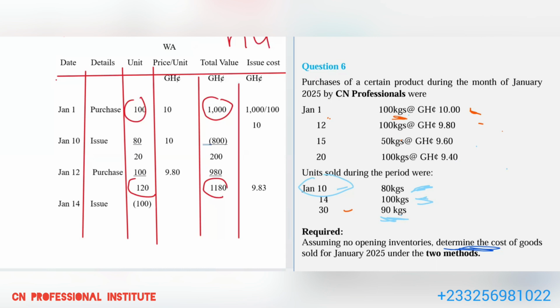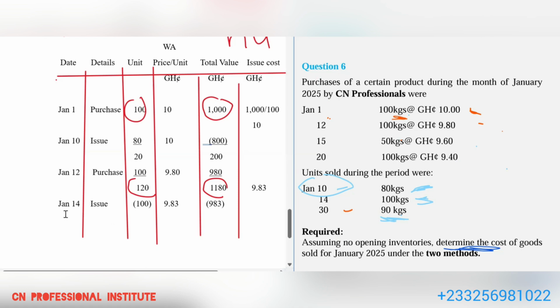So what's the cost price per unit? That's what we just computed, the 9.83. That's what we are going to use as the cost per unit that we are selling. Then you multiply 100 by this, you are going to get 983, right? Okay.